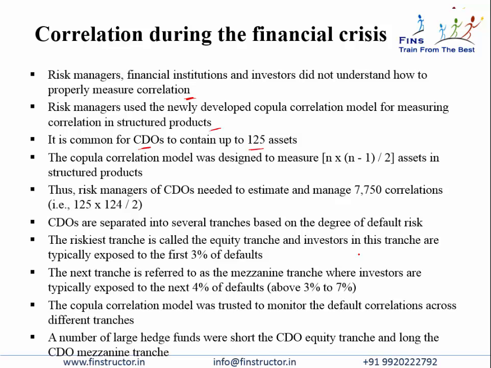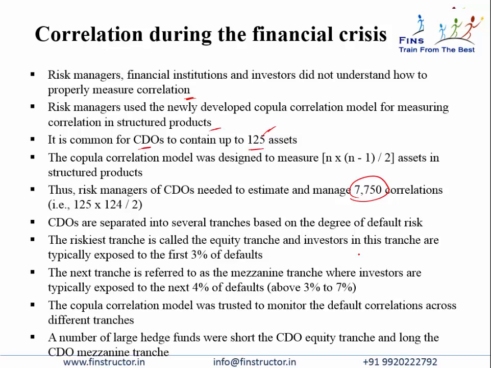So you can imagine how difficult it would be to measure the correlation between the assets and to calculate the correlation of the portfolio or the risk of the portfolio. So the model was designed to measure n times (n minus 1) divided by 2 correlations among assets in structured products. So the CDO managers would need to estimate 7,750 different correlations if there were 125 different assets in the portfolio.